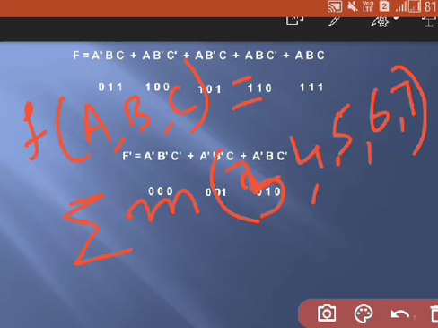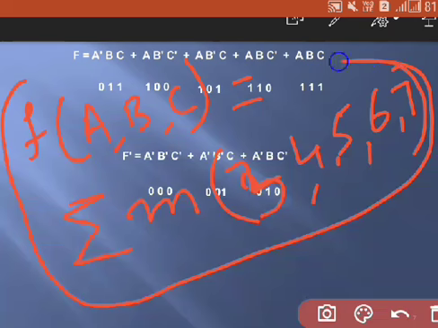So this is the given function, for which the expression will be f is equal to A bar BC plus A B bar C bar plus A B bar C plus A B C bar plus A B C. So this is how you are defining the function. That means for all these minterms m3 m4 m5 m6 m7, the corresponding output is 1.